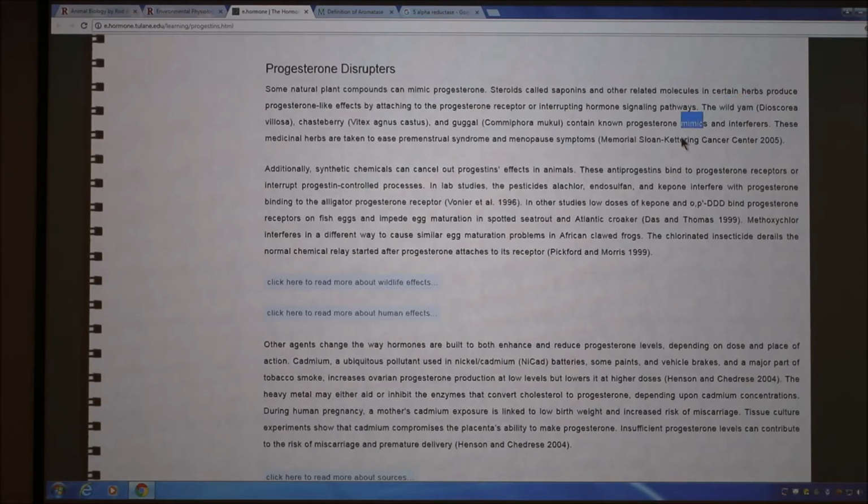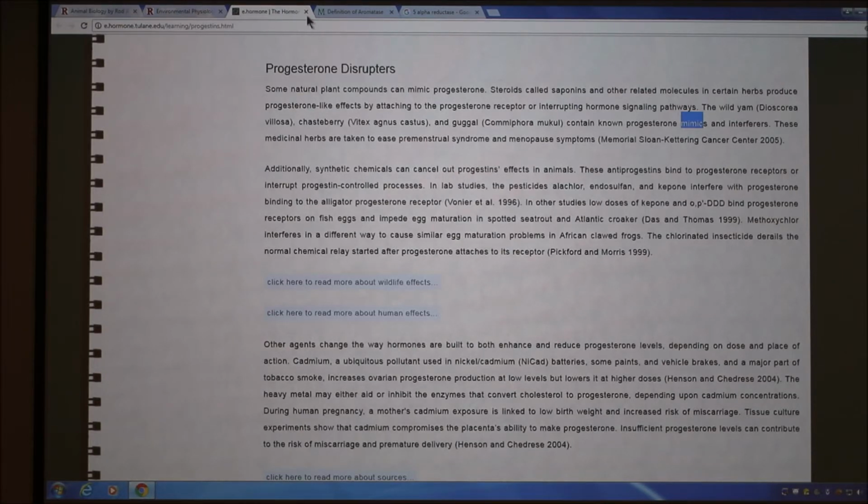Mimic means agonist. Whenever you see mimic, that means agonist. And so hopefully when you read this stuff, you understand that it can mimic it a little bit. Like it can be a weak progesterone, or a medium progesterone, or a stronger progesterone than the native compound, right? The whole gamut.